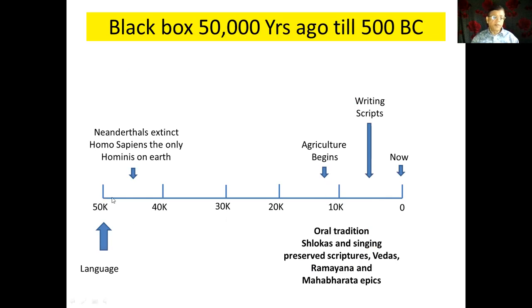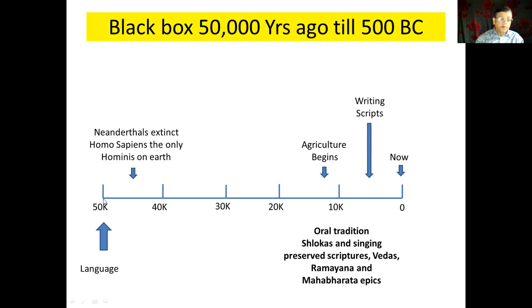But before that, you have this huge black box that we talked about the last time. That when humans migrated, came to the Indian subcontinent, about 50,000 years ago, it is believed that the humans started to talk, to evolve a language.